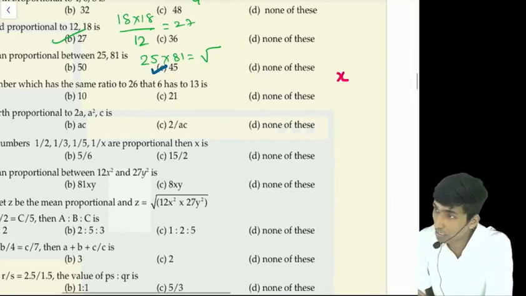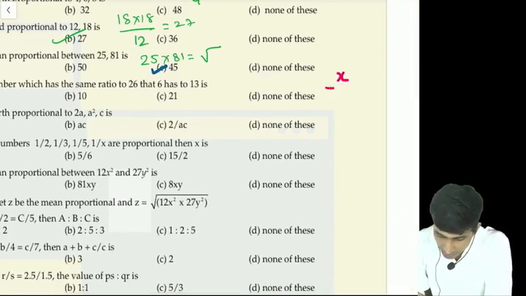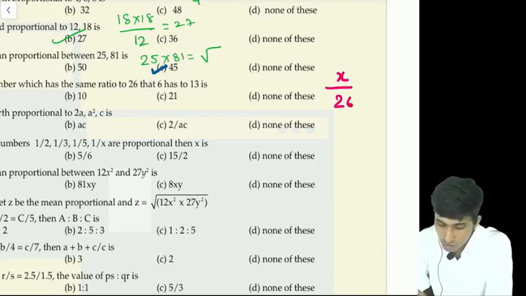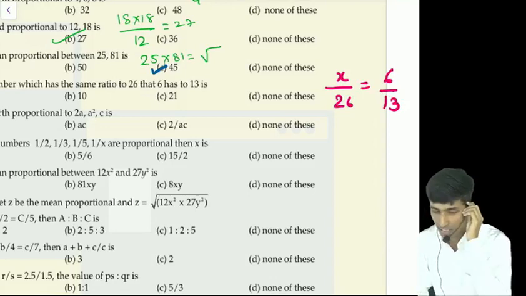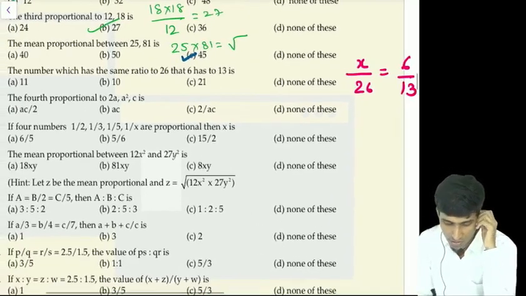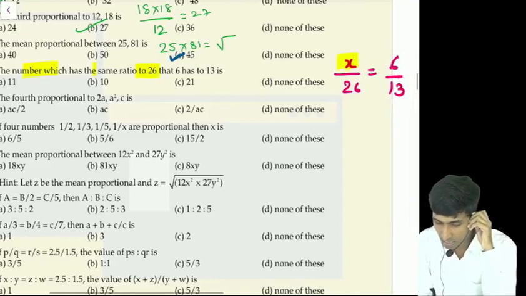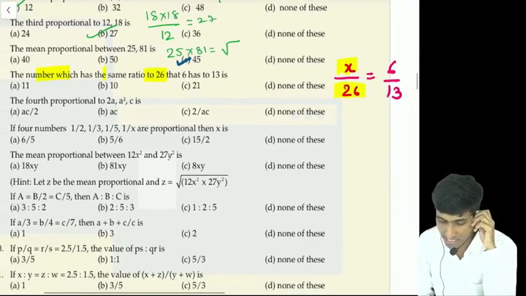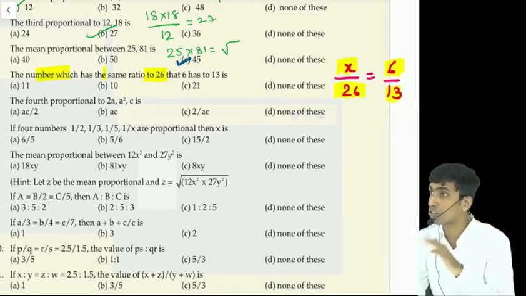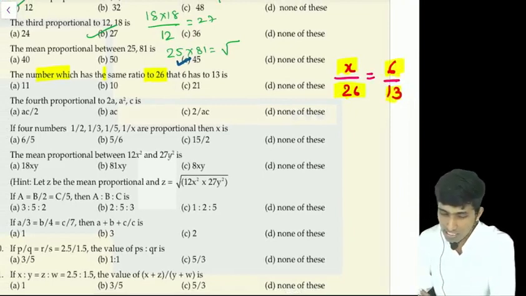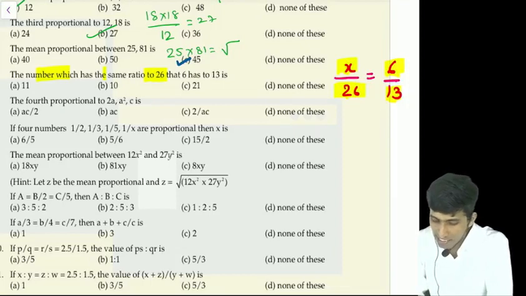There is a number which has a ratio with 26 that is the same as 6 to 13. Concentrate. The ratio needs to be the same.